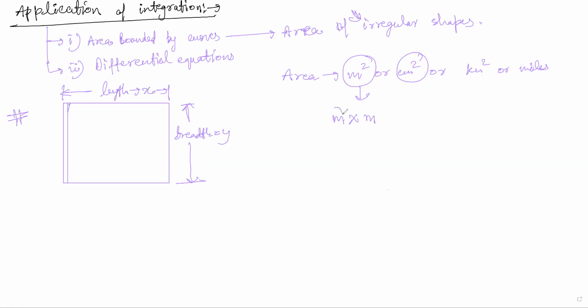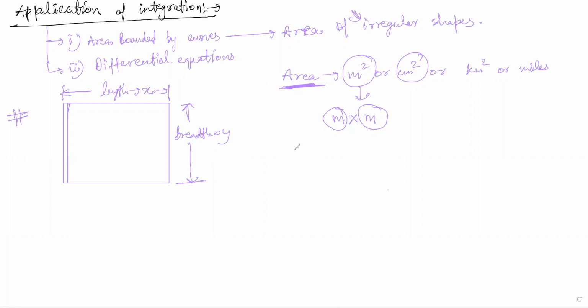So some distance gets multiplied with another distance to find out the area. The basic foundation of area is distance into distance. These distances can be anything, they will change for different shapes, but the concept of area will always remain the same: we need to multiply a distance with another distance to find out the area.